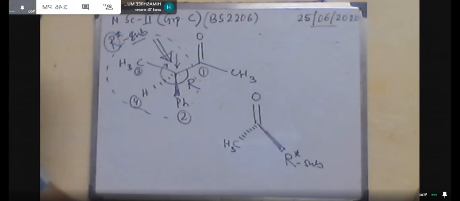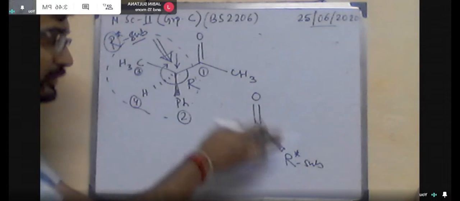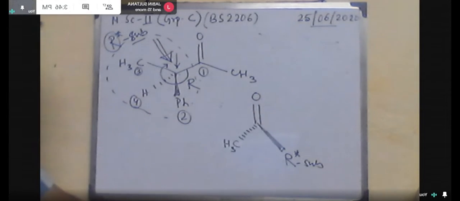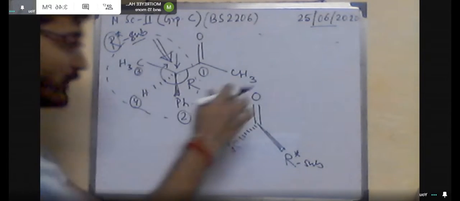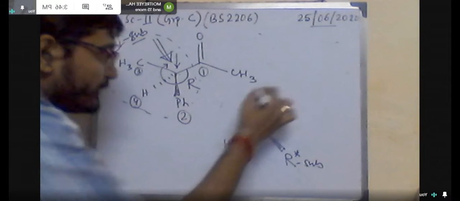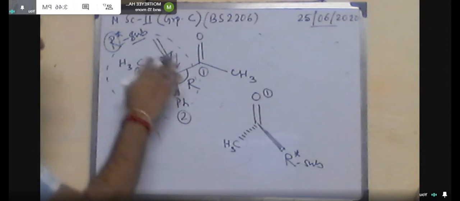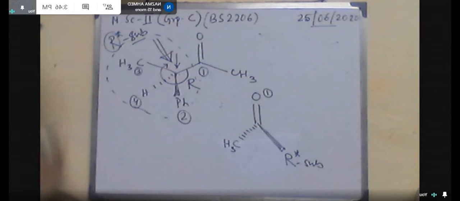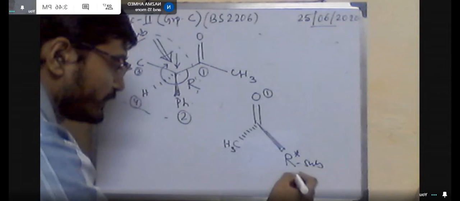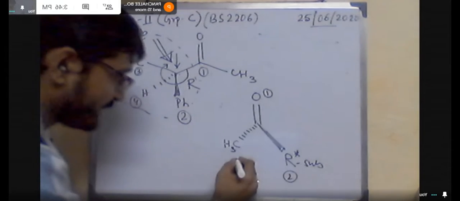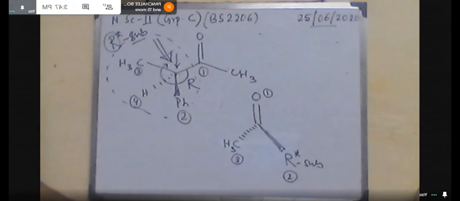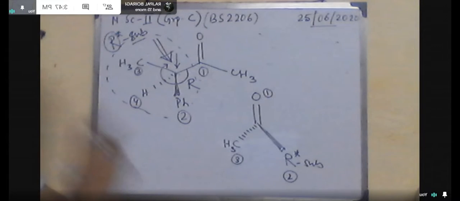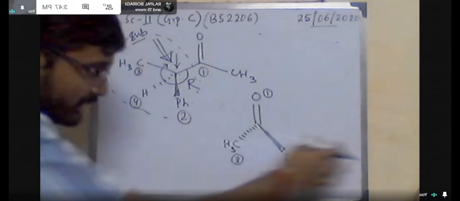Keep in mind this R remains fixed, the configuration remains fixed from the front face, that means from the right hand side as well as from the left hand side, because we have added this chirality and it is fixed. So you, as a viewer looking at the molecule from the right hand side, can see the substituents like this: 1, the 2 in the left hand side which is R star, and this is the 3.